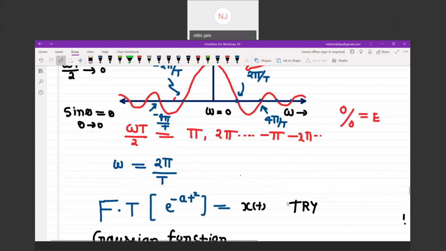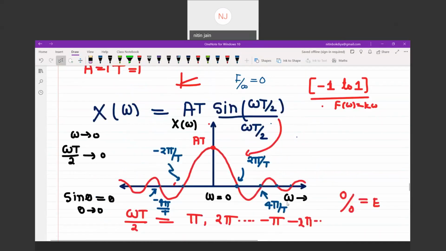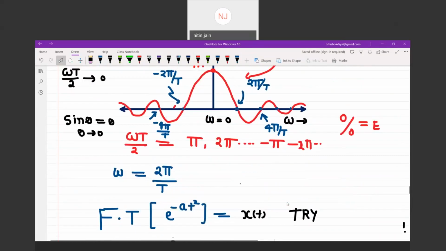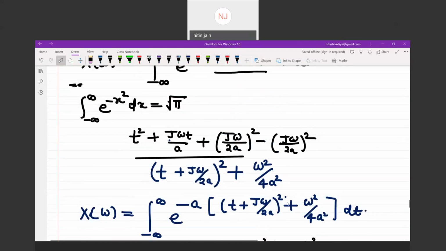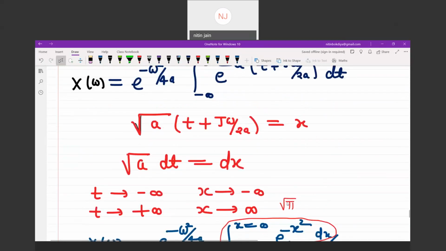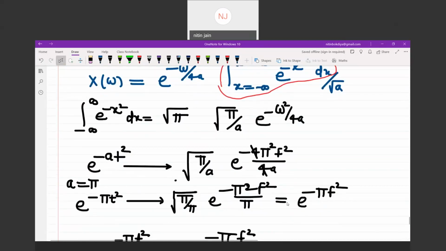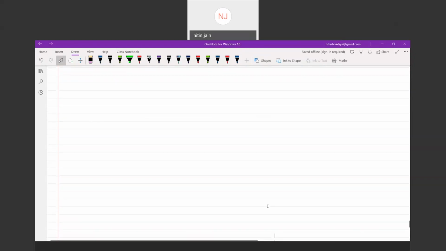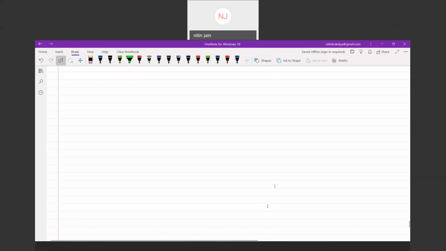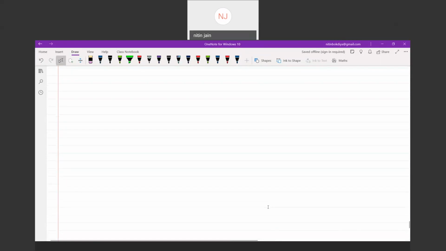Only one important point from a Gaussian function is this. There are some functions which tell you the calculation of a Gaussian function.